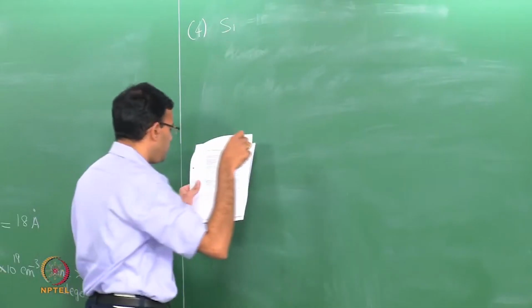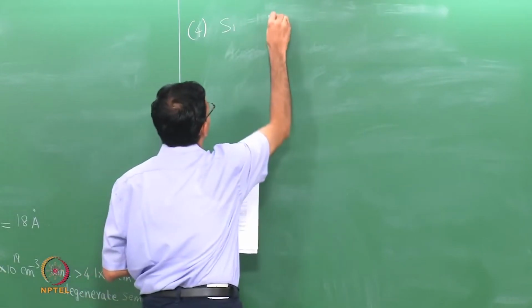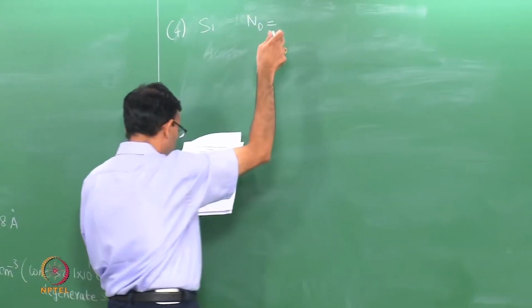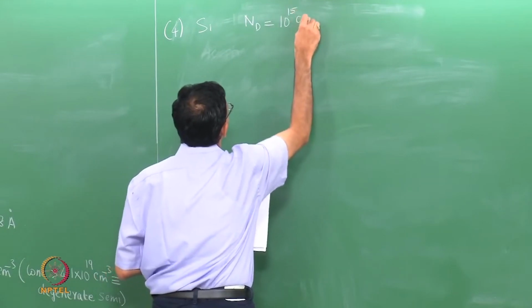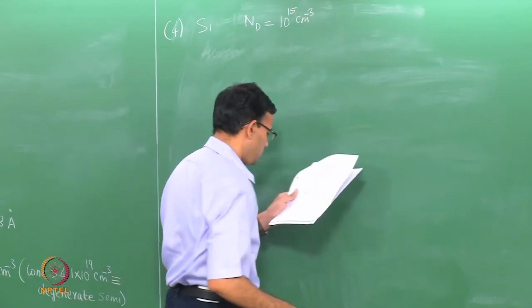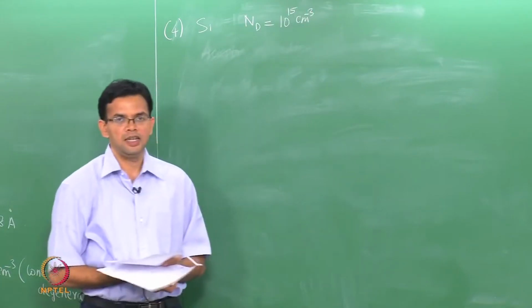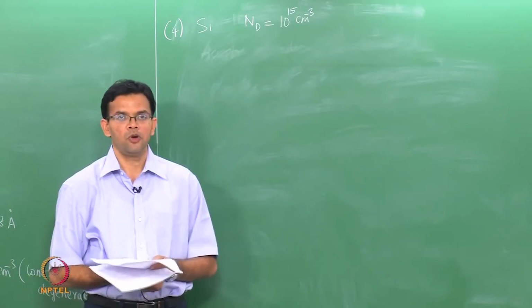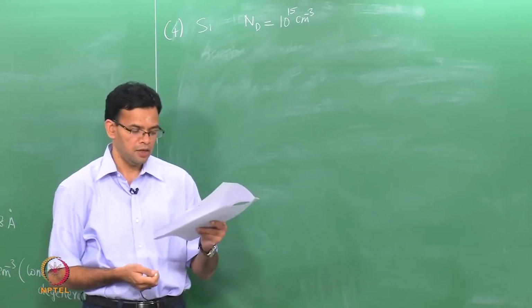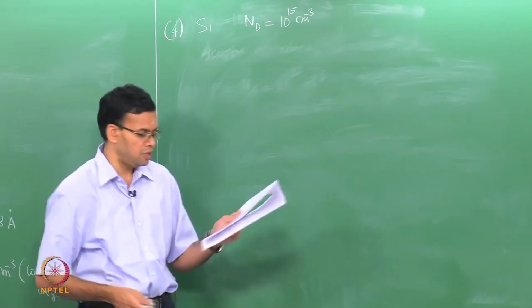With 10 to the 15 phosphorus atoms. So, phosphorus is a donor. So, Nd is 10 to the 15 per centimeter cube. The donor energy level for phosphorus in silicon is 0.045 eV below the conduction band edge.